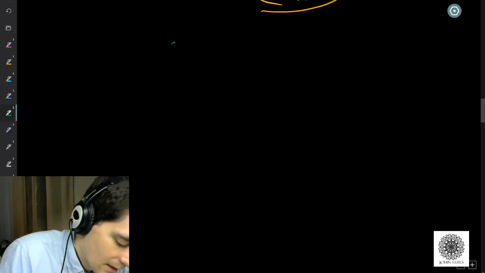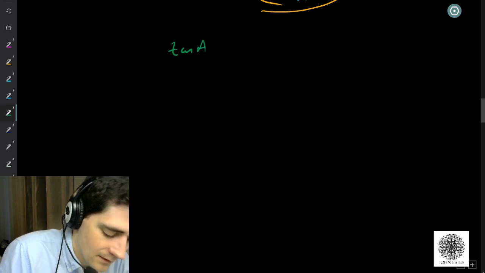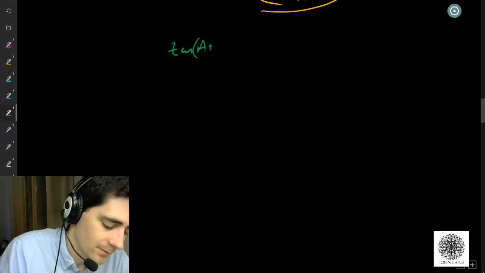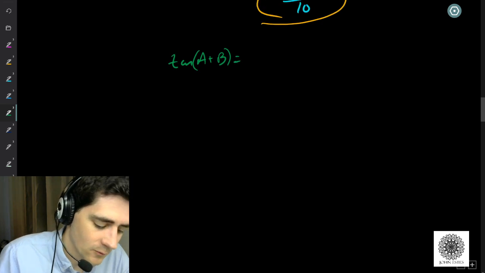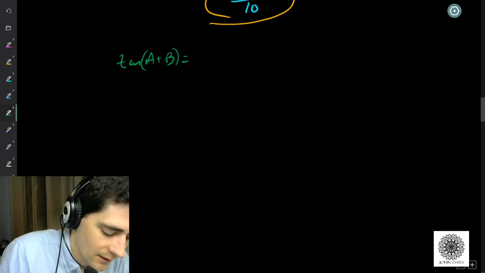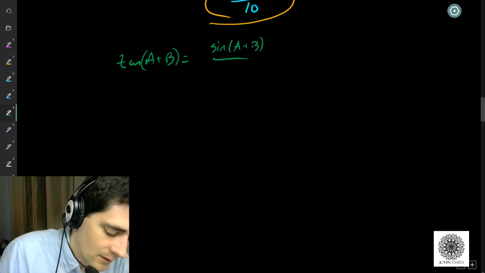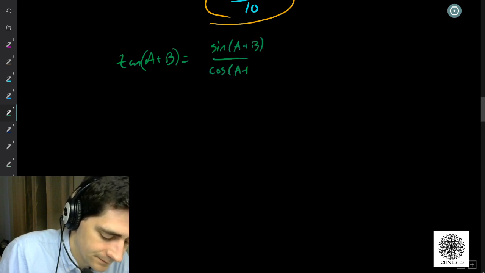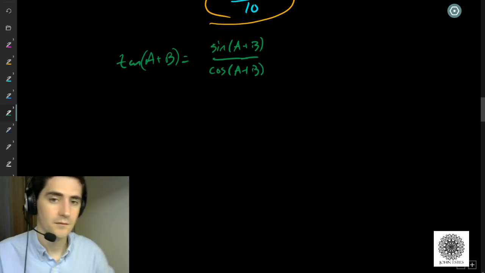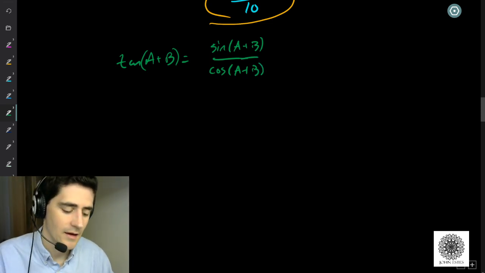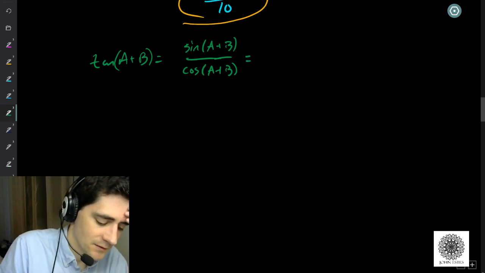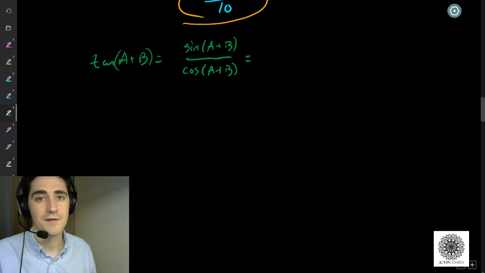Okay, so if you had tangent of A plus B, what I know from the quotient identities is that that is sine over cosine. So we just applied the quotient identity. And then I can expand those each out using the identities that we've learned today.